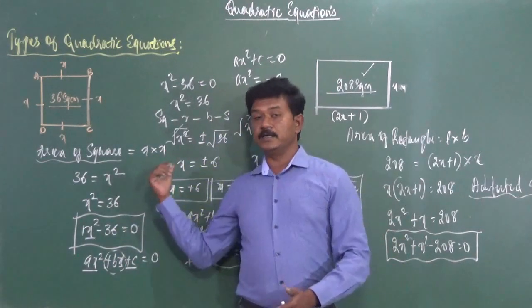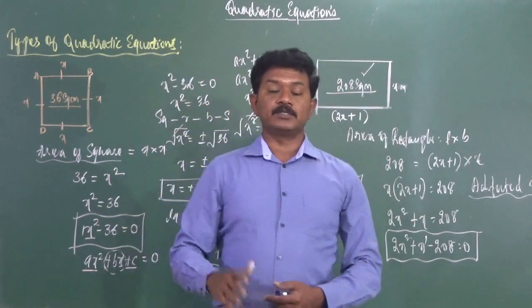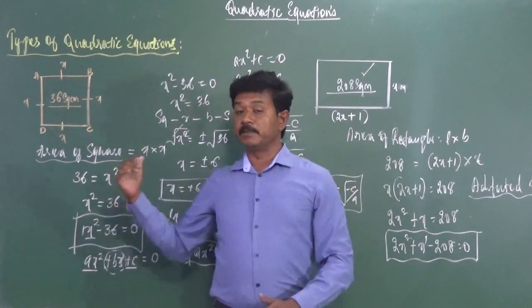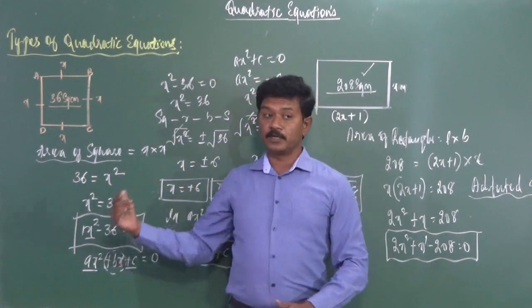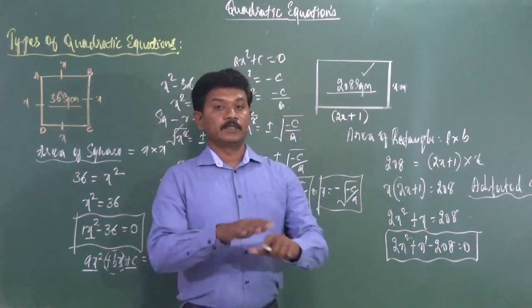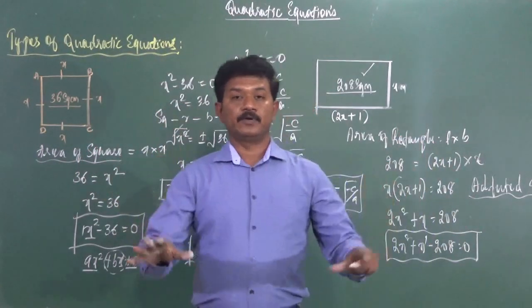But strictly, in the case of a pure quadratic equation, if you solve it, you are going to get 2 roots which are equal but opposite in sign. That is compulsory in a pure quadratic equation. But in the case of an affected quadratic equation, there are no such restrictions. You can get any type of roots.